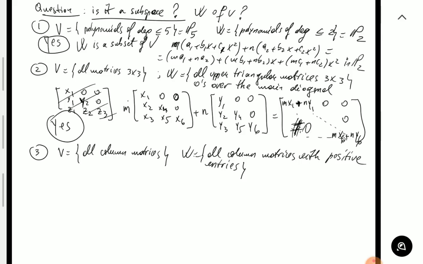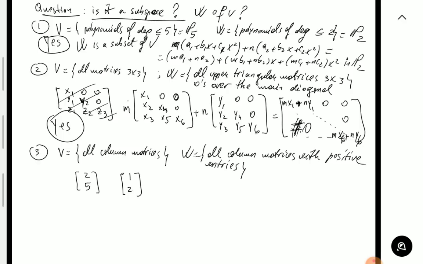Why? Because it's not closed under linear combination, since you can end up with a combination that gives you negative entries. So for example, let's pick two elements in W, and let's actually use actual numbers. So let's say 2, 5, and another element, let's say 1 and 2.